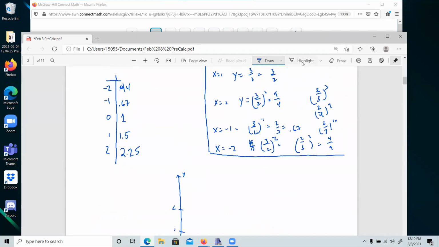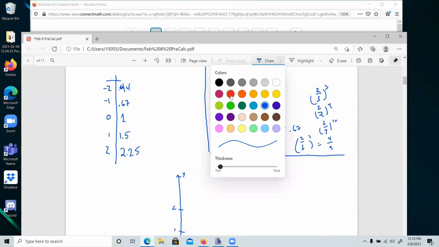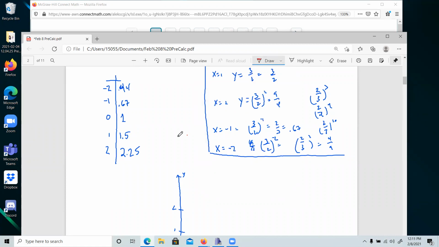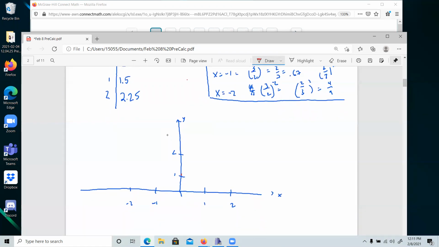So let's go ahead and graph. So when x is 0, y is 1. When x was 1, we were at 1.5. When x was 2, we were at 2.25, so we'll put it up there. Okay. When x was -1, we were at 2/3. And when x was -2, we were about at 1/2.